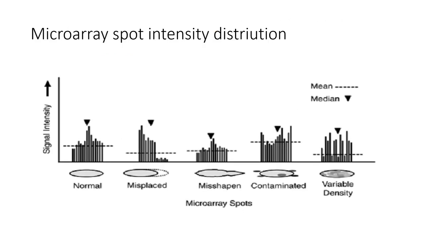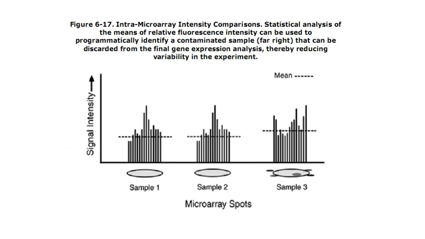So these are the different kinds of spots we can identify using the mean and median values. We can identify the signal intensities, and the contaminated and error spots. This is intra-microarray intensity comparison, statistical analysis of the mean of relative fluorescence intensity.